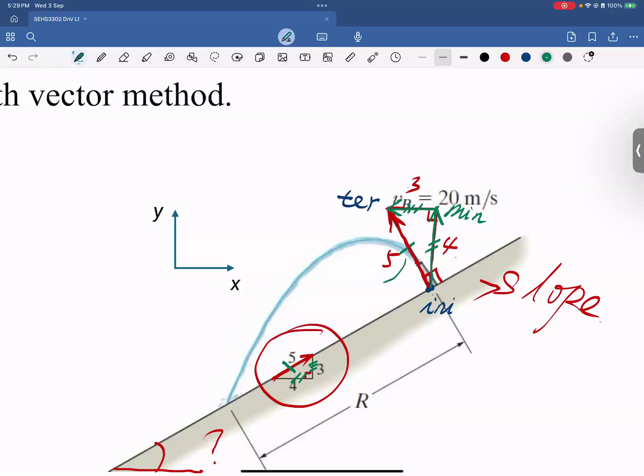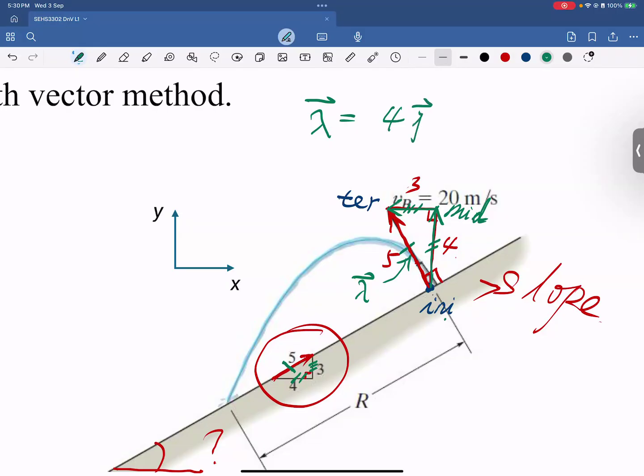What we want is this vector, right? This vector, we just call it lambda, okay? It's a Greek letter, lambda. So lambda is from initial to terminal, and it is first step, initial to midpoint, which is 4. 4 is in y direction, so we have 4j.